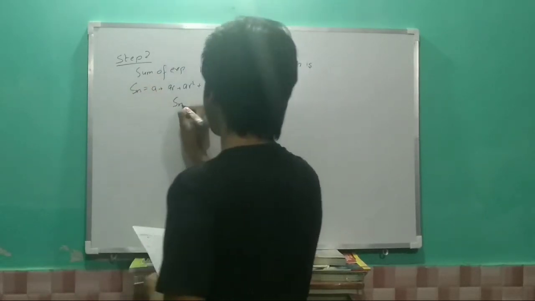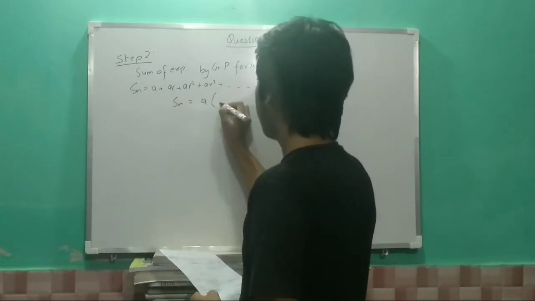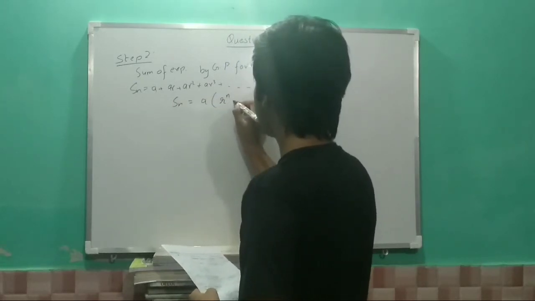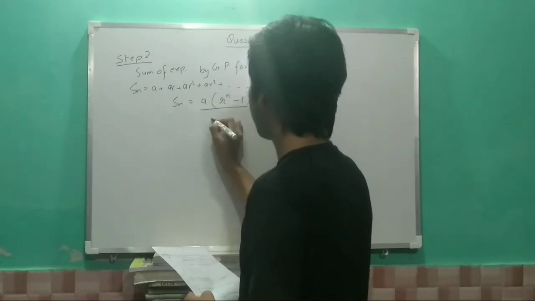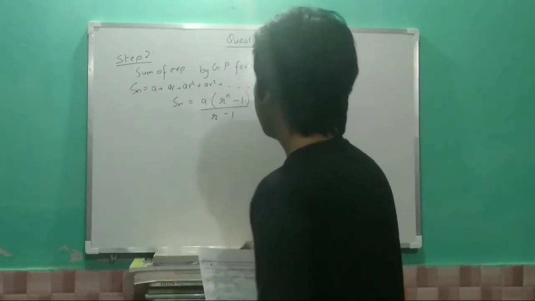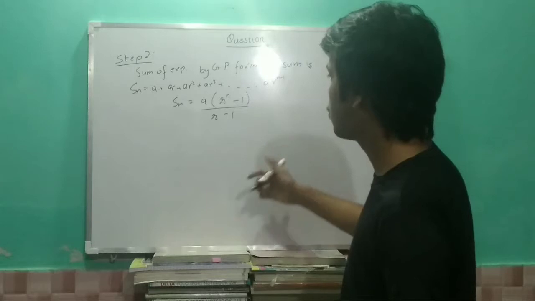So Sn is equal to a times r to the power number of terms minus 1, divided by common ratio minus 1. It is the formula to find the sum of a GP.